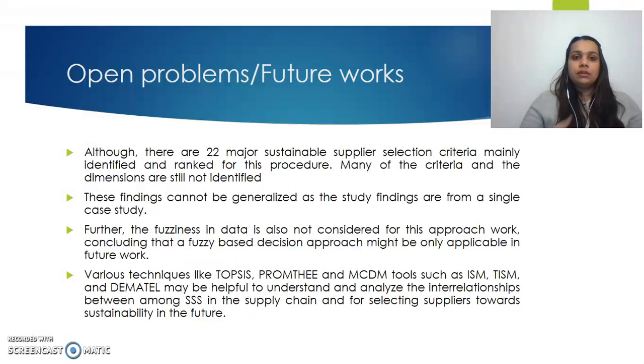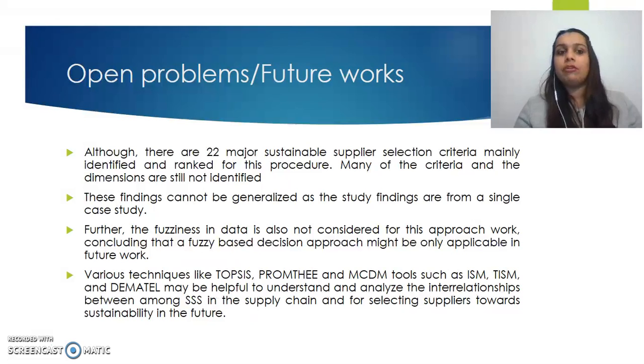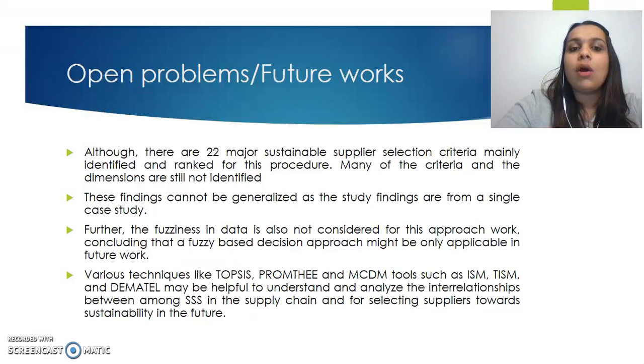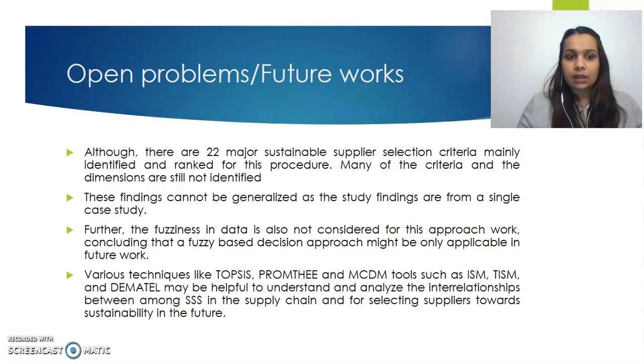After this process, there are still some limitations and some open problems that would be met in the future. First, although we have considered 12 major sustainable supplier selection criteria and ranked them for this procedure, many of the criteria and dimensions that could be considered are still not identified. These findings cannot be generalized as the study findings are from one particular case study only.